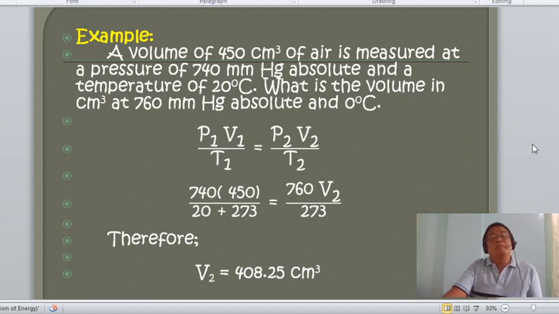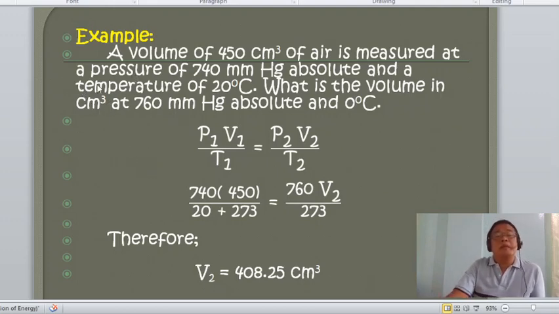Okay? So, another example. A volume of 450 cubic centimeters of air is measured at a pressure of 740 millimeters of mercury absolute and a temperature of 20 degrees Celsius. What is the volume in cubic centimeters at 760 millimeters of mercury absolute at 0 degrees Celsius? Okay, so again, this is a combined ideal gas law, meaning all the parameters involved change.